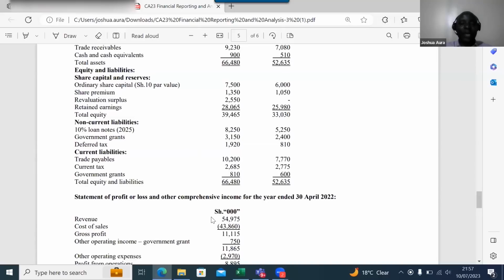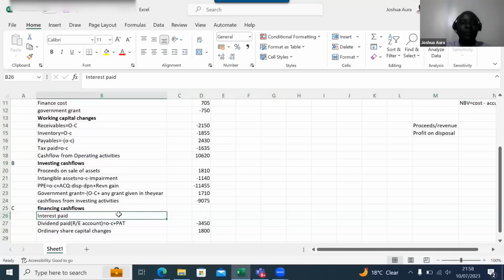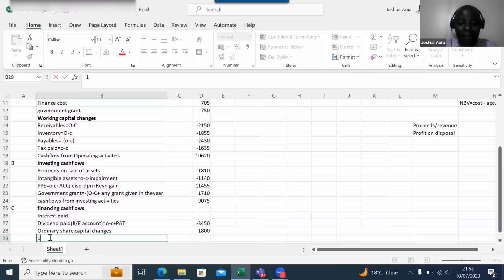So then I'll come here and talk of 10% loan notes, under financing activities. Of course, here I know it will be equal.